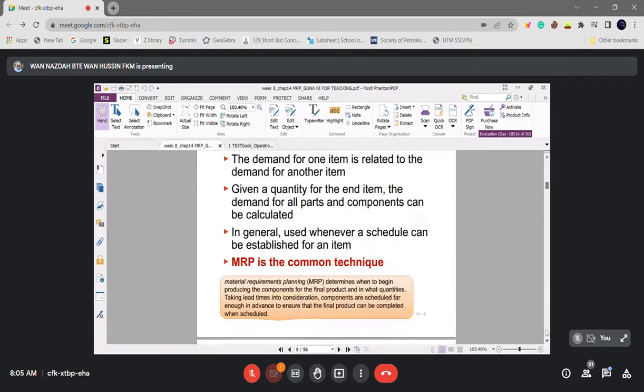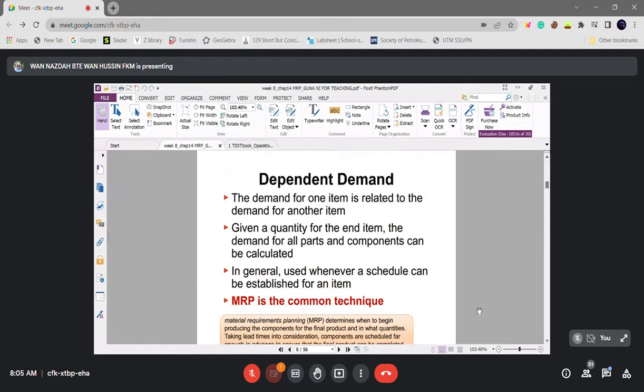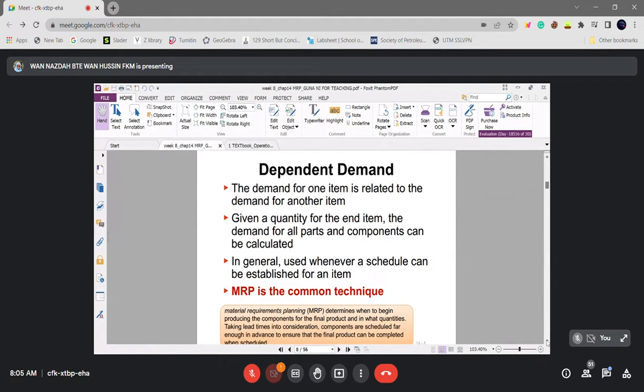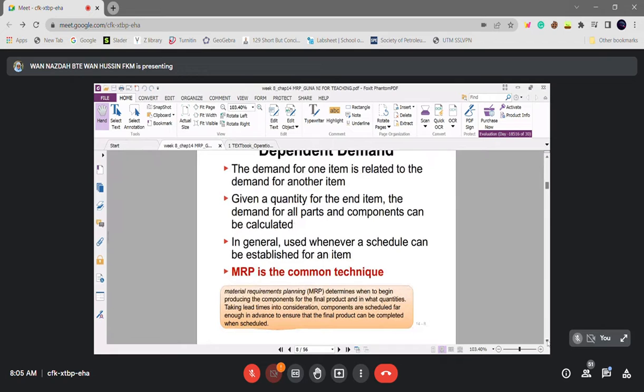Alright. So MRP, what is actually MRP? Well, if you work in a company, MRP is actually a system that is a little bit complicated, and normally the company will have it stored in a computer, and some companies bought the MRP software.